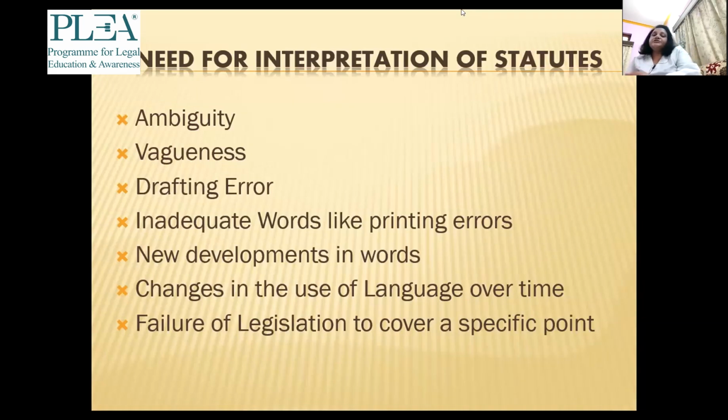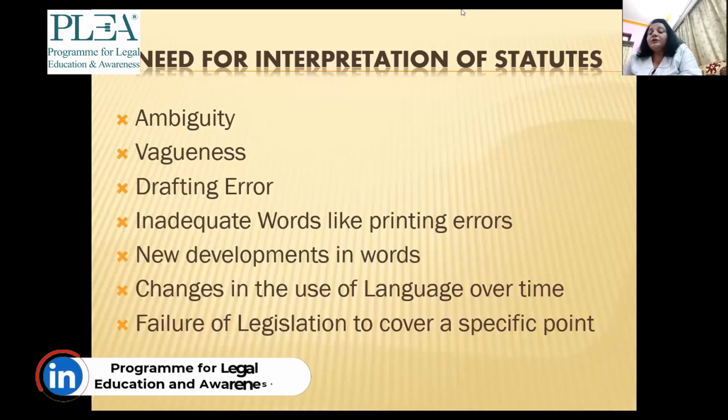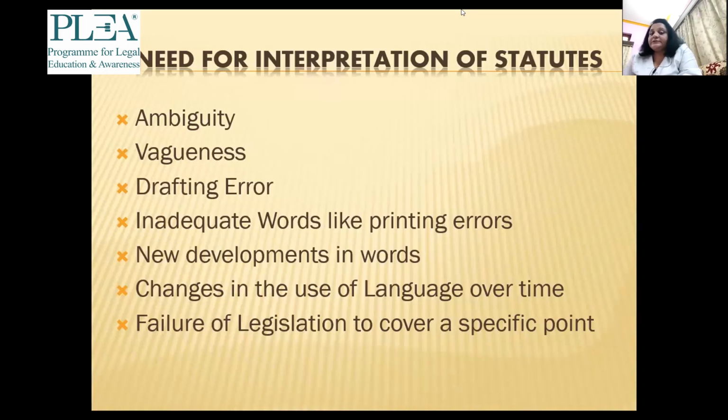Another factor which creates the need for the interpretation of statutes is the failure of legislation to cover a specific point. For example, in the Nirbhaya gang rape case, one of the persons who committed this heinous crime was under the age of 18 years. The Juvenile Justice Act says that any person who is under or below the age of 18 years will be considered a juvenile and will be treated differently.